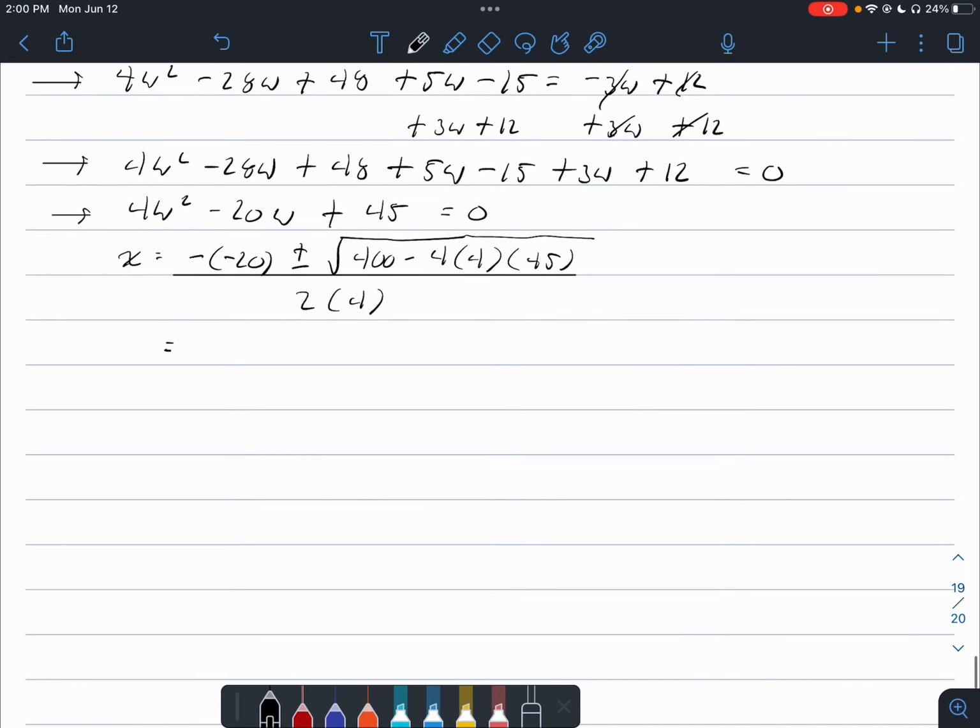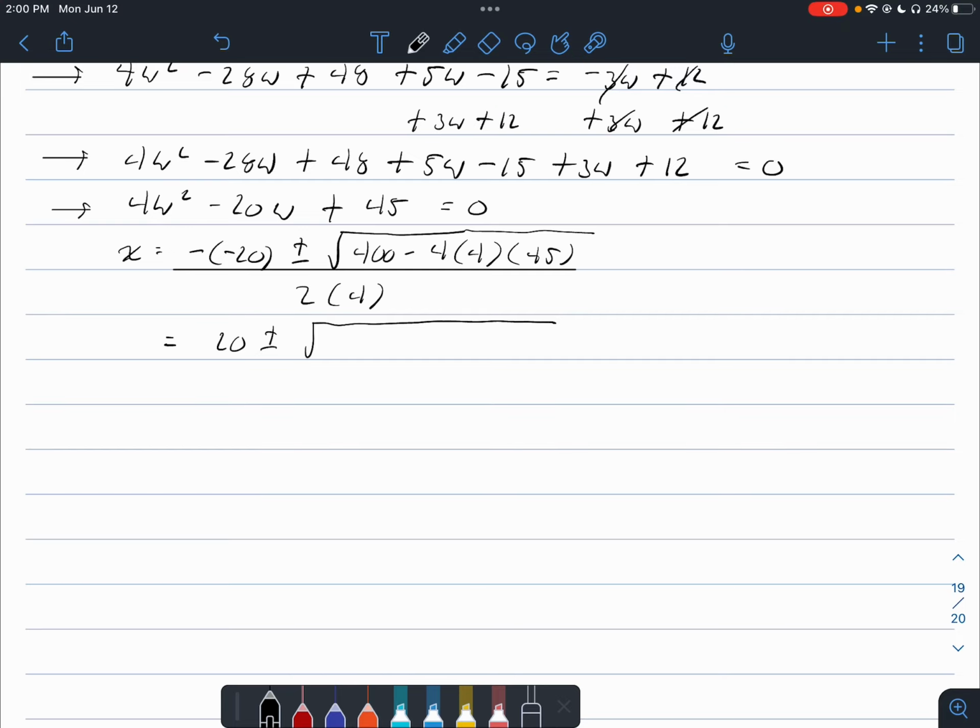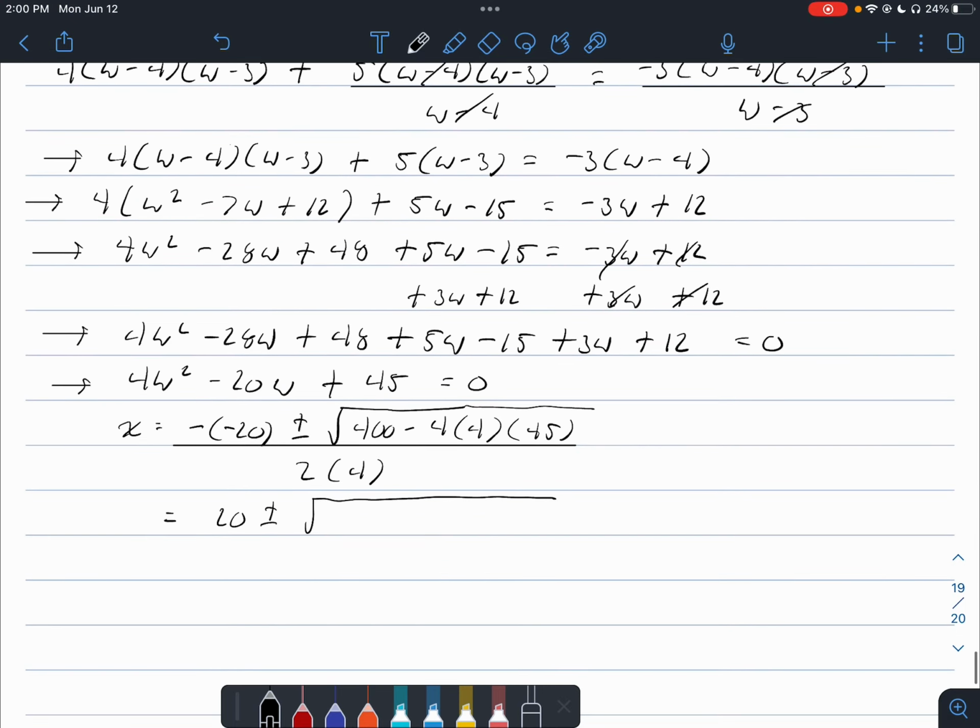All right, so we'll end up with 20 plus or minus the square root of 400 minus 4 times 4 is 16. It's 45, 720. Should we have complex solutions here?